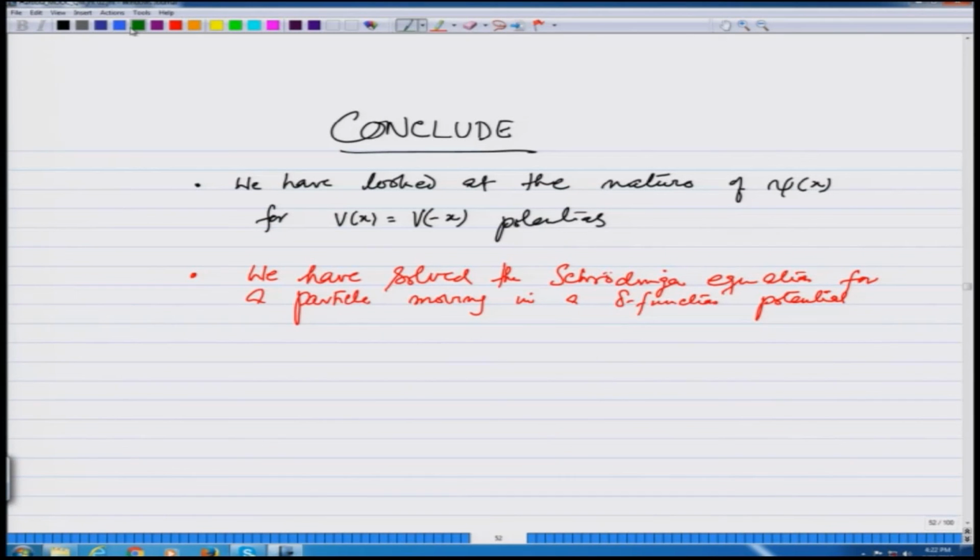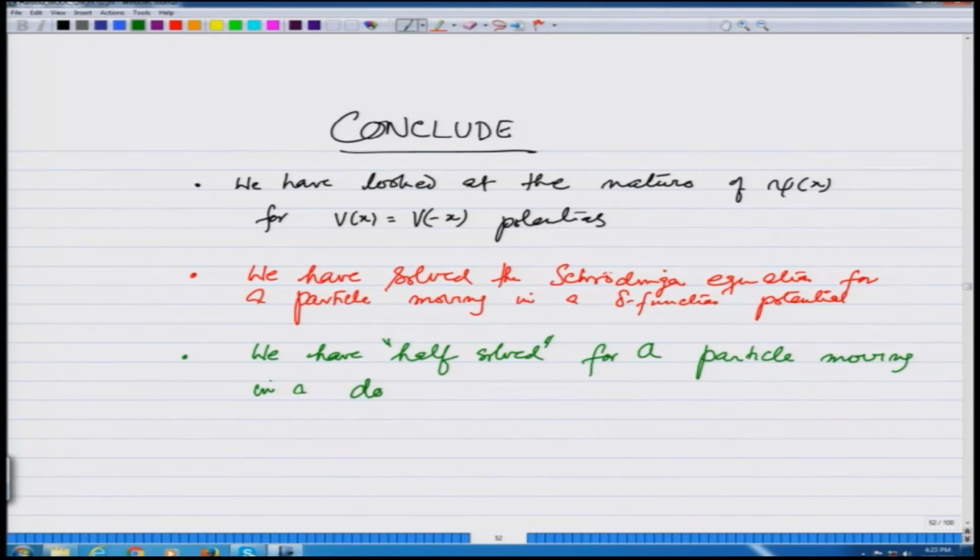And third, we have half solved, and I will give you the rest as the assignment, for a particle moving in a double delta function potential.